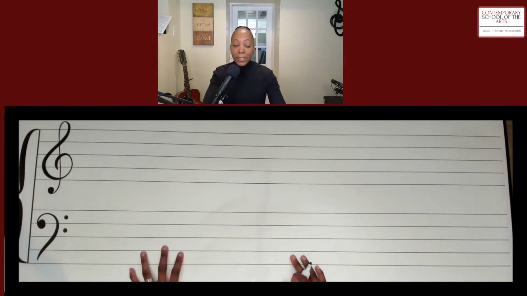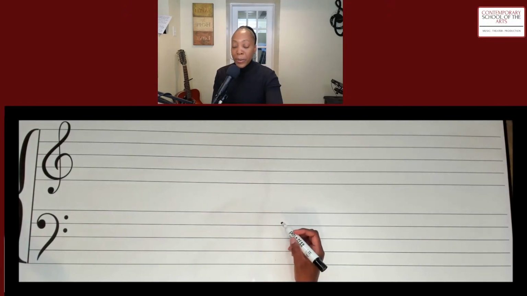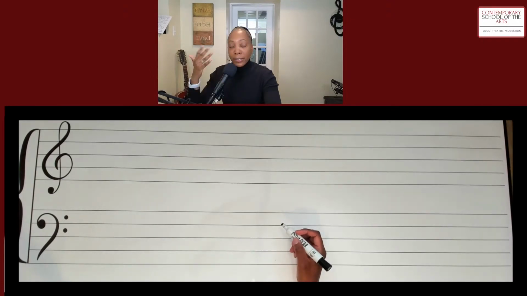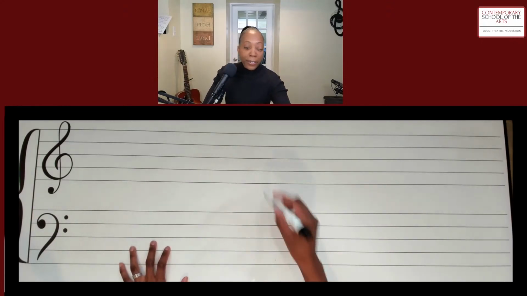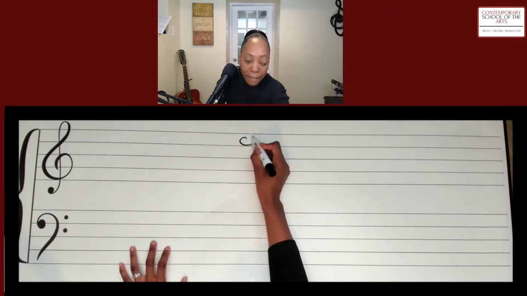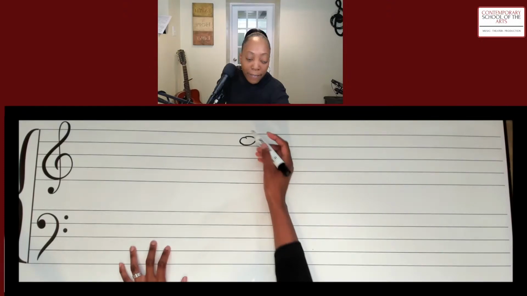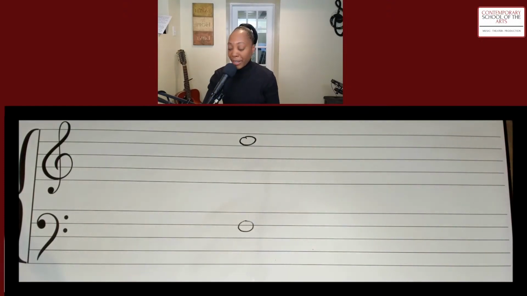Okay, so the first question, well, it's 2 questions in one. So you have to tell me, is it on what number space or line? Okay, so space 1, 2, 3, 4, or line 1 through 5. Here we go. Okay, so this is tricky because I have a circle in the bass clef and a circle in the treble clef.